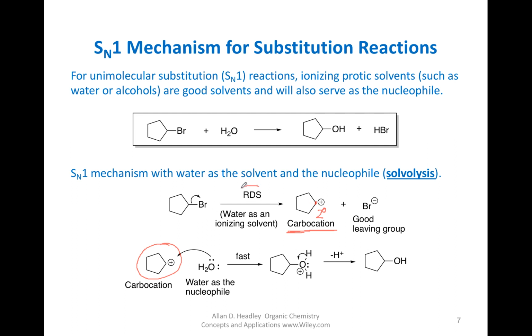And since this is the rate determining step, the overall rate of the reaction depends on the stability of this carbocation. Let me just emphasize that again. For SN1 reactions, the most important step of the reaction is the first step, or the rate determining step, which generates a carbocation.